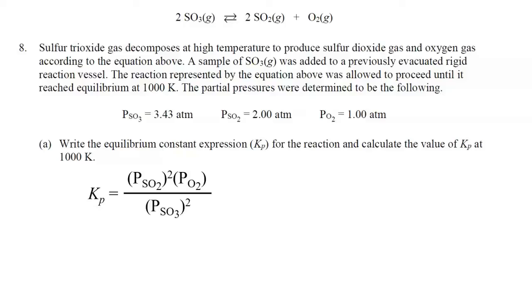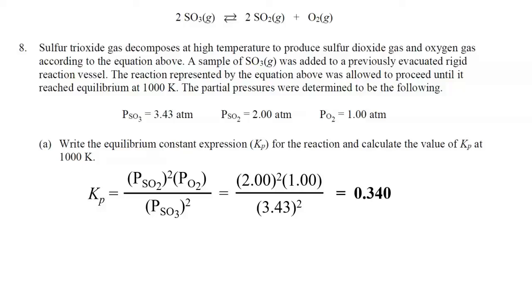Now we plug in the partial pressures at equilibrium: 2 squared times 1 on the top, and 3.43 squared on the bottom. When we do this math, we get the value of Kp at 1000 Kelvin, and that works out to be 0.340.